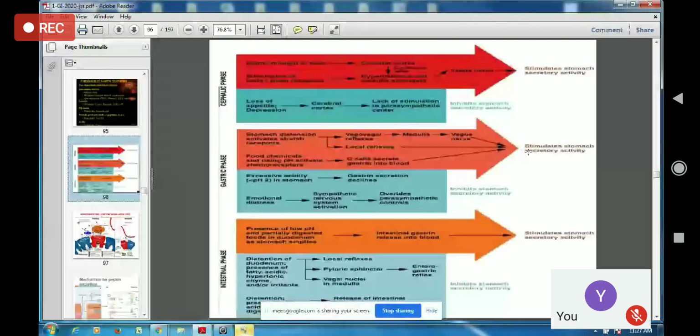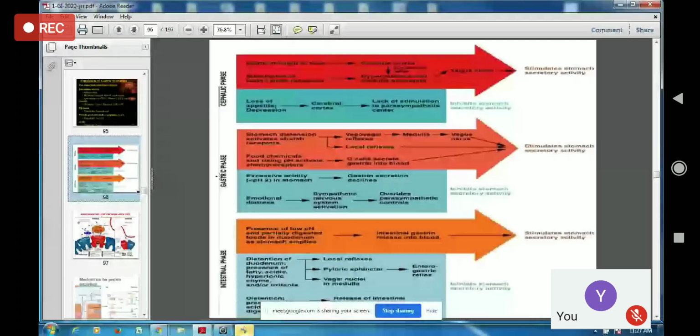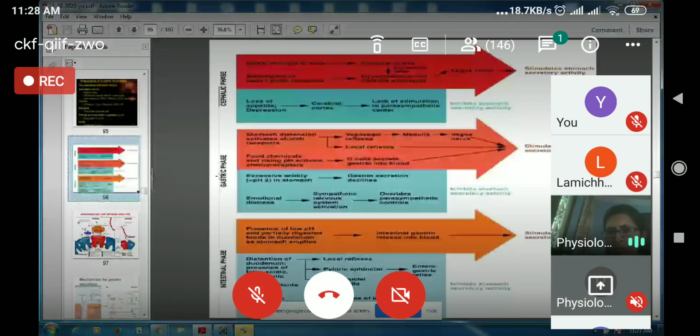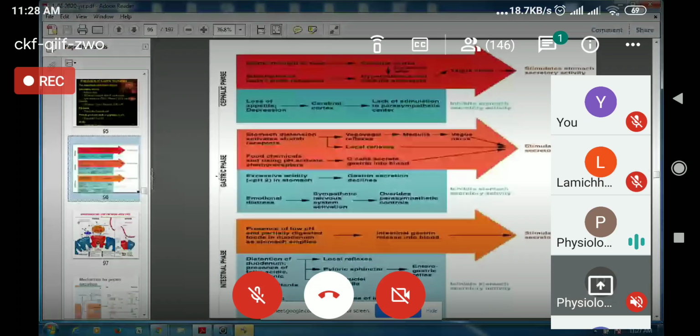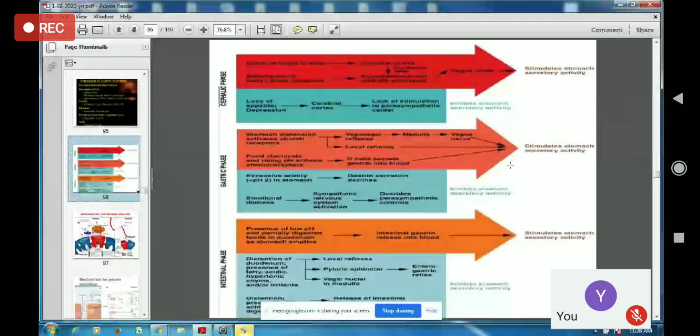And gastric phase of HCl secretion means when food has actually reached the stomach, at that time, the presence of food in the stomach causes increased production of HCl. So the presence of food in the stomach causing increased production of HCl is known as gastric phase of HCl secretion.